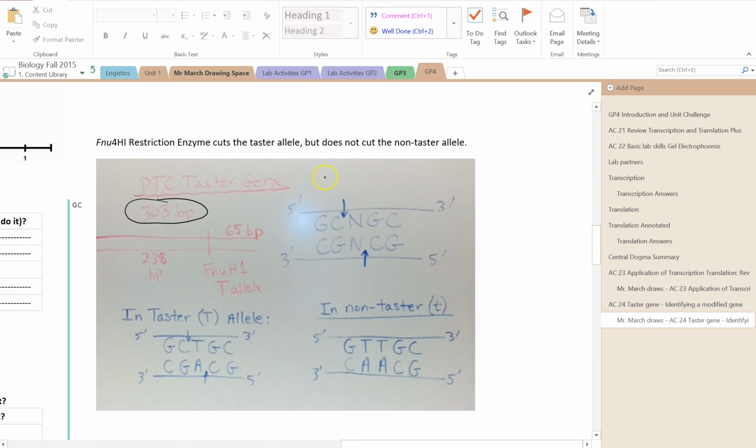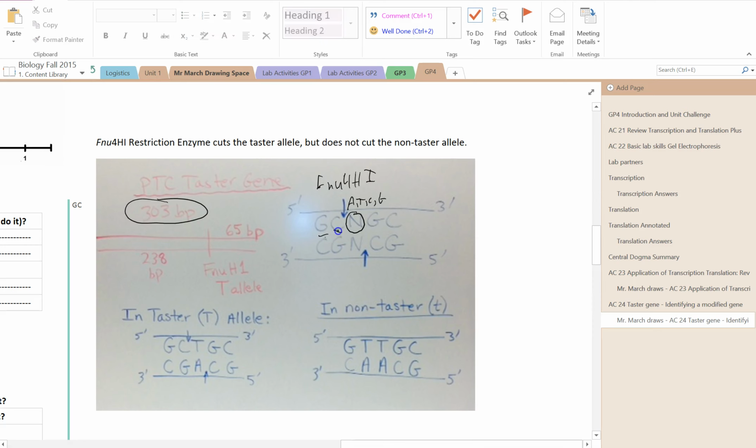So in this case, the FNU4H1 cuts whenever it sees a sequence like this. There has to be a G, a C, and then there can be any letter here. This N signifies that there could be any nucleotide. It could be an A, a T, a C, or a G. FNU4H1 doesn't care. It will cut with any letter there.